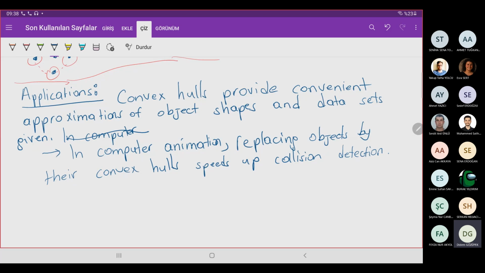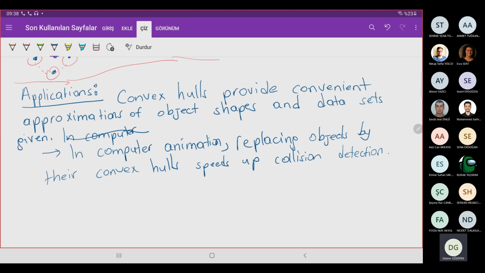But for self-driving cars, it's an even better example. More or less the same thing. We replace them by their convex hulls, so we can detect the collisions more easily.